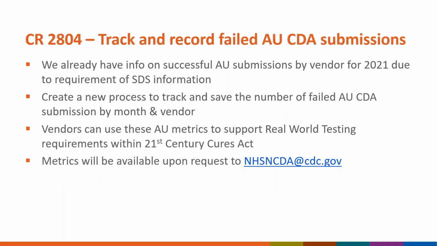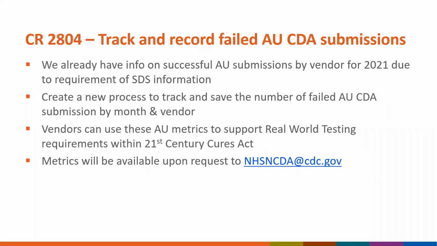The last change I want to cover for 10.0 today is CR2804. We already have the ability to track successful submissions of AU CDA files by vendor, thanks to the AU SDS validation process. This CR will add to that and begin tracking the number of failed AU CDA submissions by month and vendor.